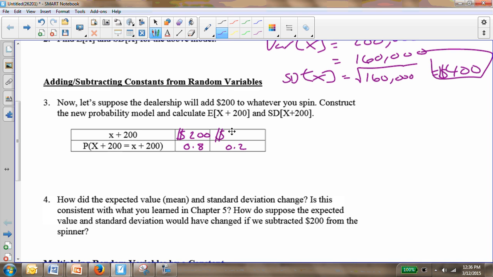He's still going to throw $200 on top there, so I'll have 1,200. So let's see how the mean and standard deviation change. If we do the expected value, we'll get 0.8 times 200 plus 0.2 times 1,200, which should be $400.